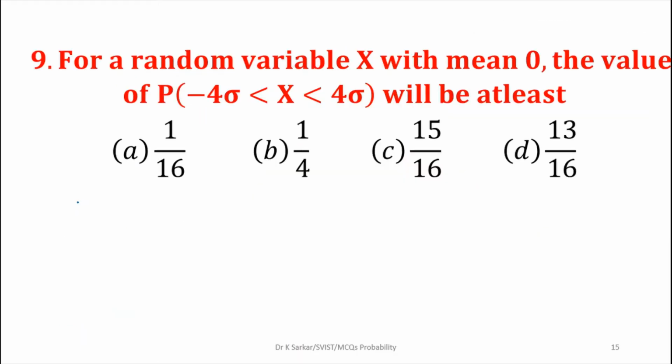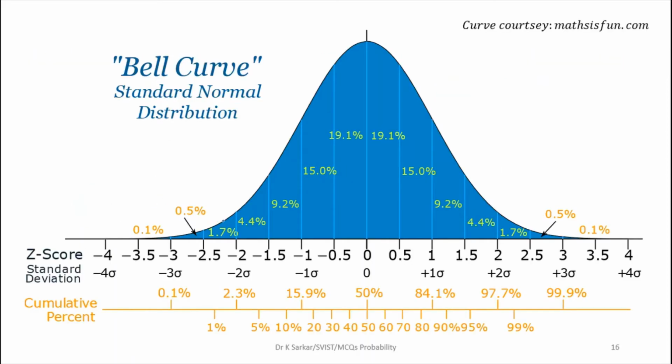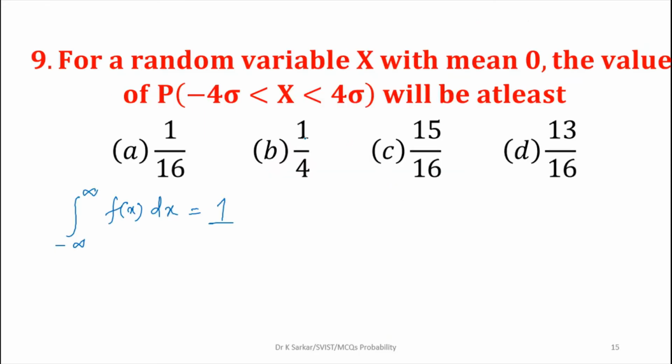As we know the property of PDF, integration from minus infinity to infinity of f(x) dx is 1. If we see the diagram, the total area is near 1. And in the options, option C is near 1, 15 by 16.